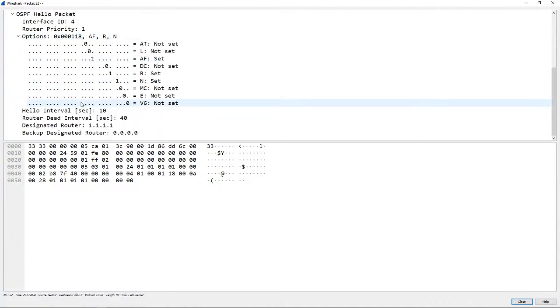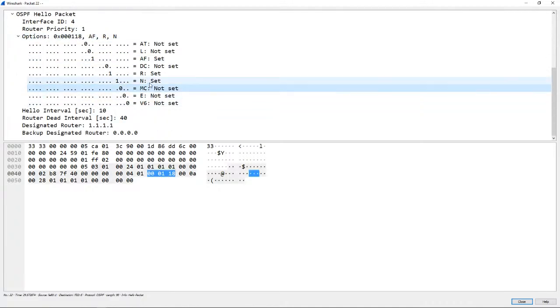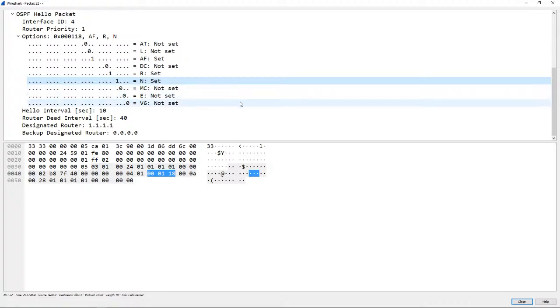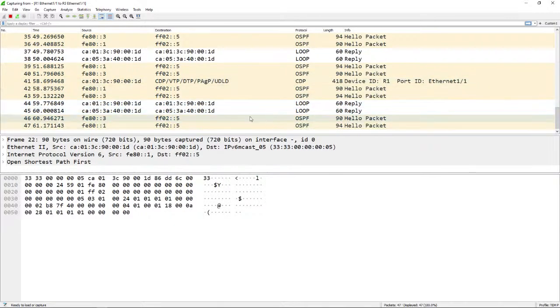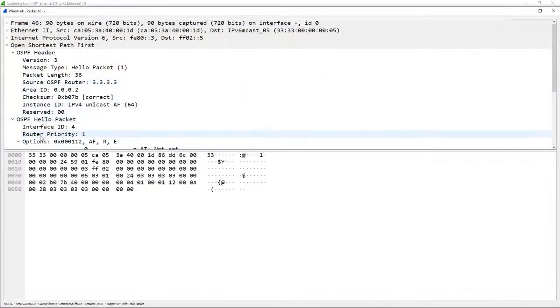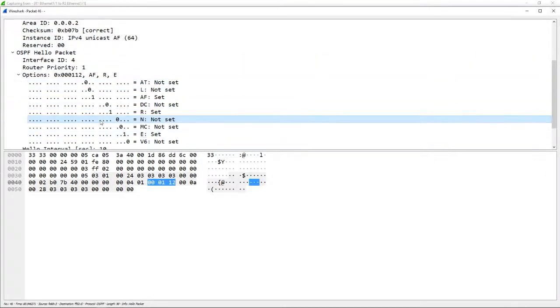But you'll notice here the N bit is set, right? Indicating that this is a not so stubby area. If I was to look at the hello packets that are being generated by router 3, you would see that bit is not set. So because that flag is not set, we lost our adjacency.